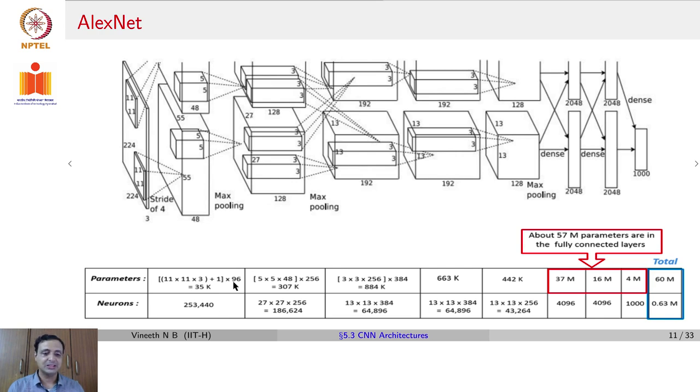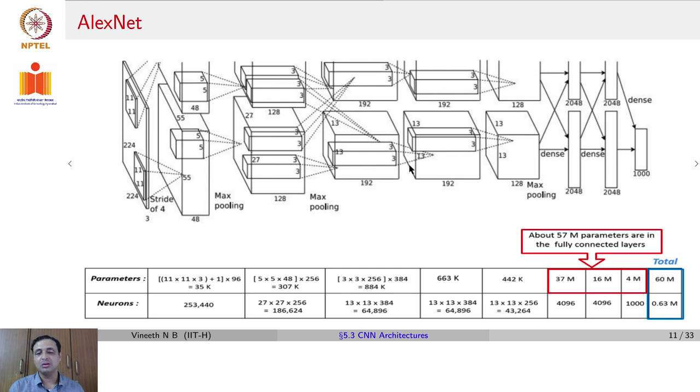Coming back to the parameters. The total number of parameters in the first layer was 11 into 11 into 3, size of the filter, plus 1 bias, into 96, the total number of filters, which roughly comes to about 35,000. On the other hand, the number of neurons is given by the size of the image itself, which is 55 cross 55 into 96, and that turns out to be 253,440.